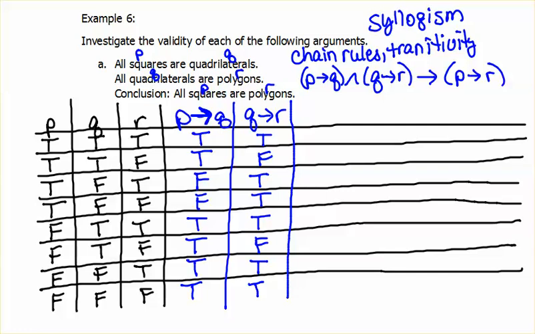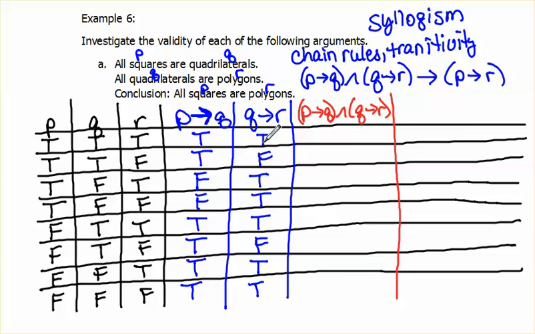Okay, now I'm going to switch colors so I can put those two together. That was P implies Q, and this time I'm going to do and Q implies R, so that we'll have that whole column.